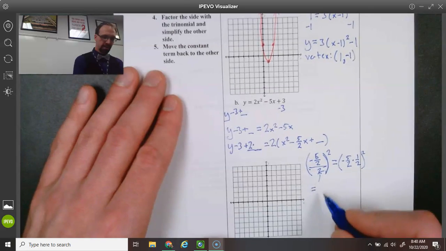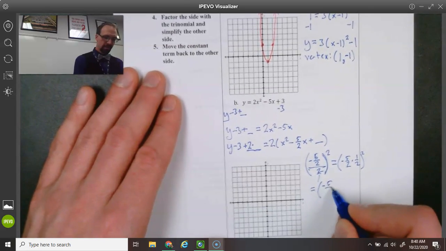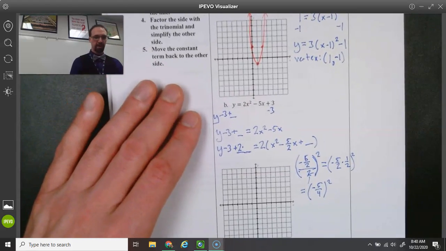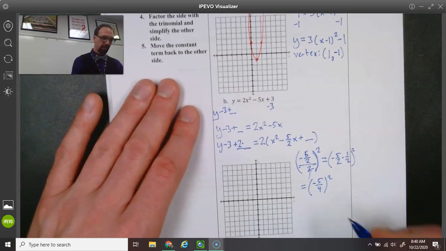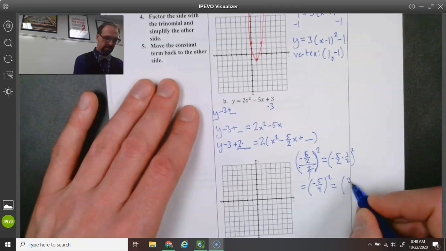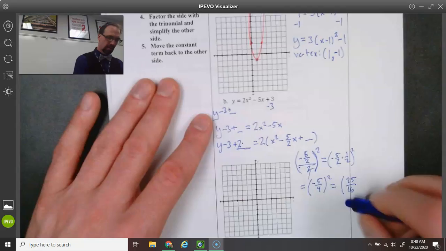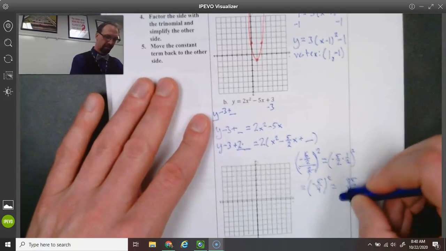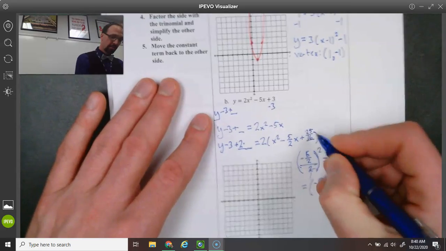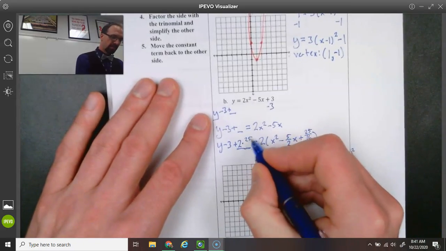This ends up being negative 5/4 quantity squared. When you square both, you square the numerator and the denominator, so we end up with 25 over 16. The parentheses are not necessary. That's the value we're adding to both sides, 25 over 16, and then 2 times 25 over 16.